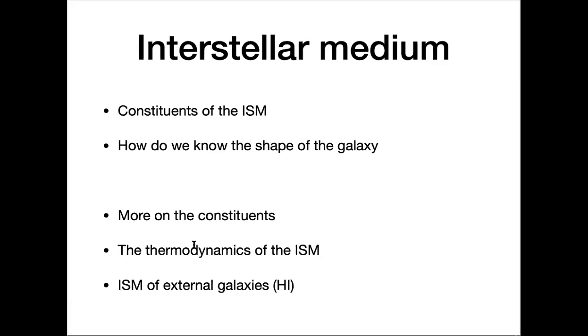In the next lecture, we'll talk more about the constituents. We'll talk about the thermodynamics of the interstellar medium. And we'll talk about the interstellar medium of the external galaxies as seen through the HI.